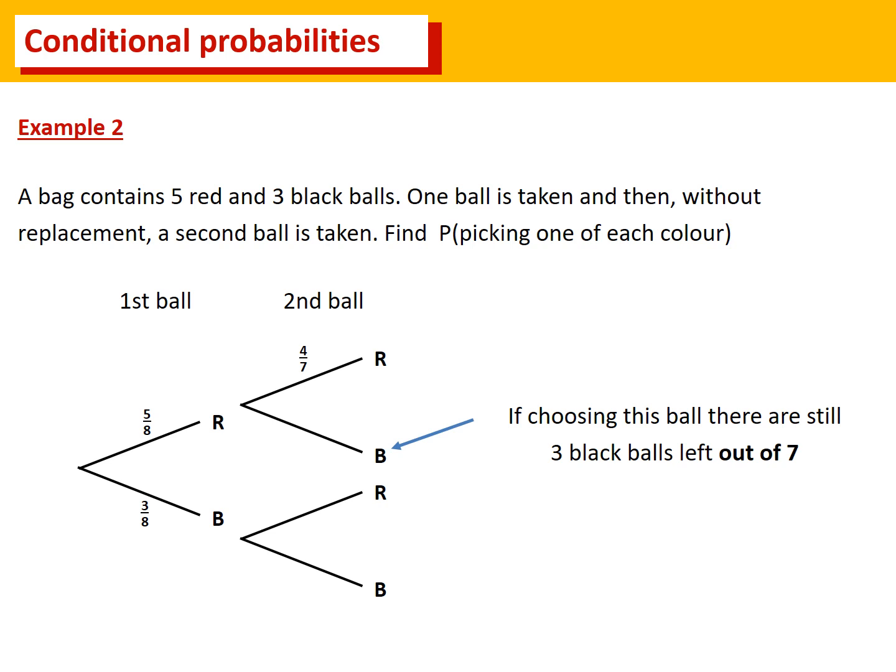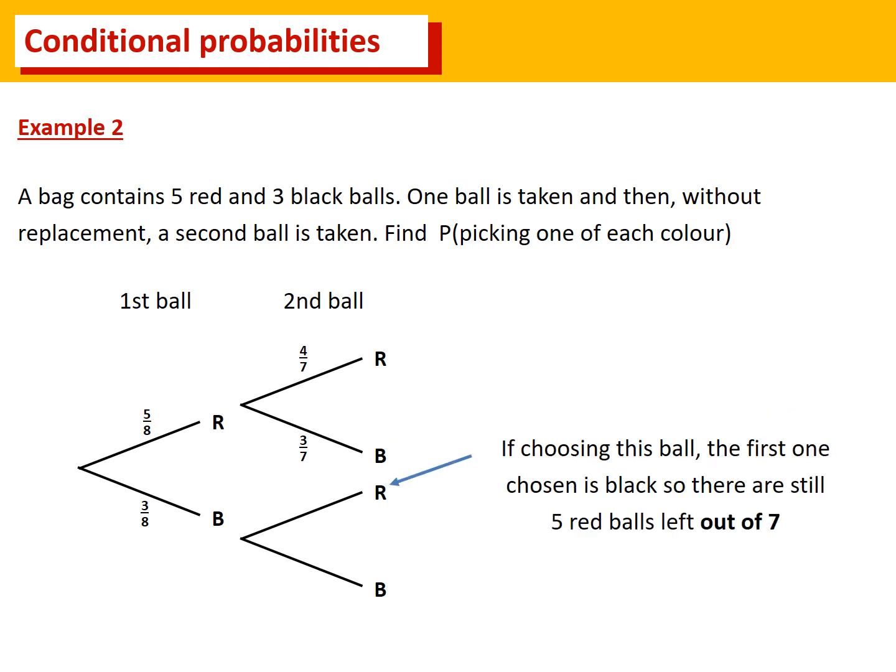Here, the probability of picking out a black ball, remember there are only 7 balls left in the bag, but all 3 black balls are still in there. So this probability here will be 3 out of 7. Down here, 2 probabilities. Remember, this means we've taken a black ball to begin with, so there are only 7 balls left, and because the black one was the one that was taken, of those 7, 5 red ones are all still in the bag.